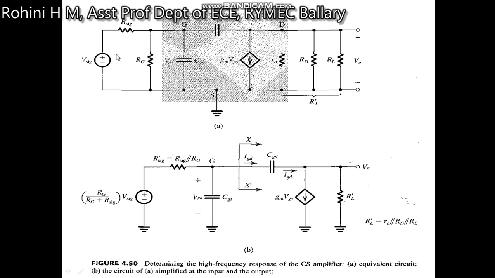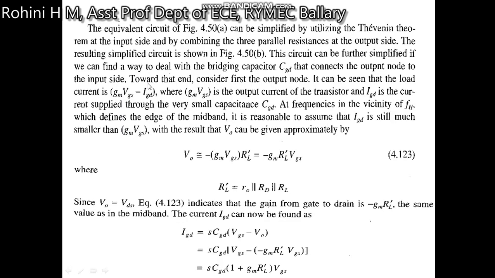The voltage of the voltage source is found by Thevenin's equivalent voltage, which we obtained here. The Thevenin's equivalent resistance at the input side is given by R dash signal, equal to R signal parallel with RGT. These two resistances are connected in parallel.